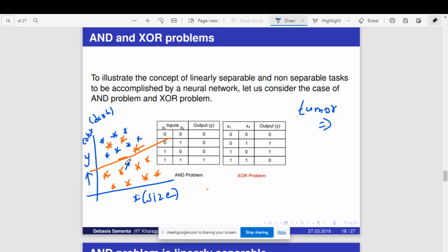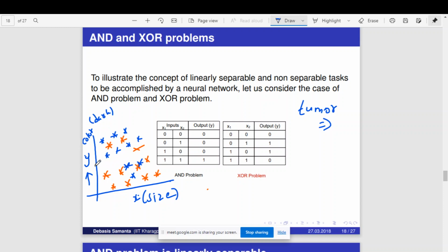In this case, is it linearly separable or not? Now it is not linearly separable.